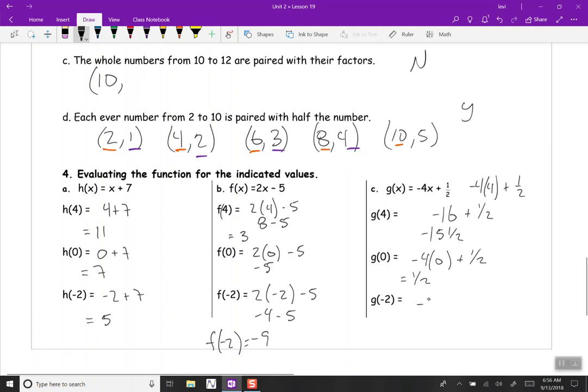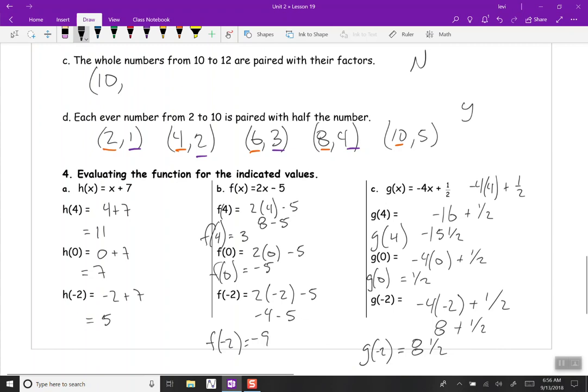And G of negative 2, negative 4 times negative 2 plus 1/2, well, that makes 8 plus 1/2, which would be 8 and 1/2. G of negative 2, G of 0, G of 4, F of 0, F of 4, H of negative 2, H of 0, H of 4.